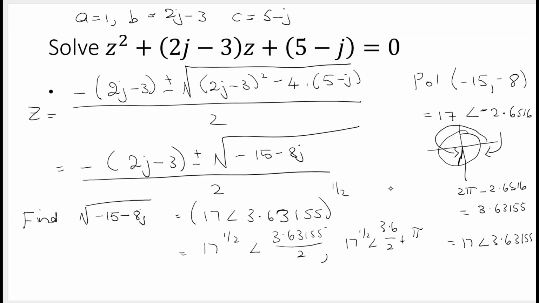You would need to change those back into rectangular form, because you've got to add them to that negative b.